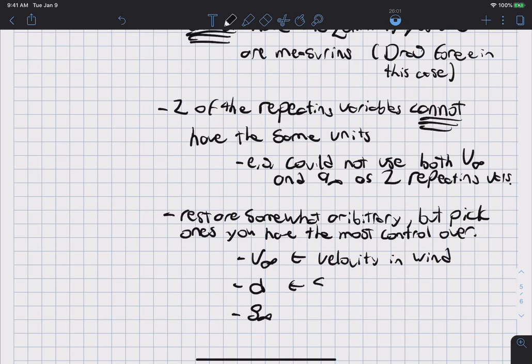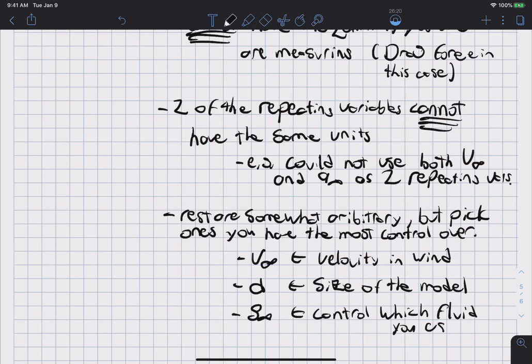You have control over the size of the model, and you can often control the gas or fluid, so you can control which fluid you use. Okay.